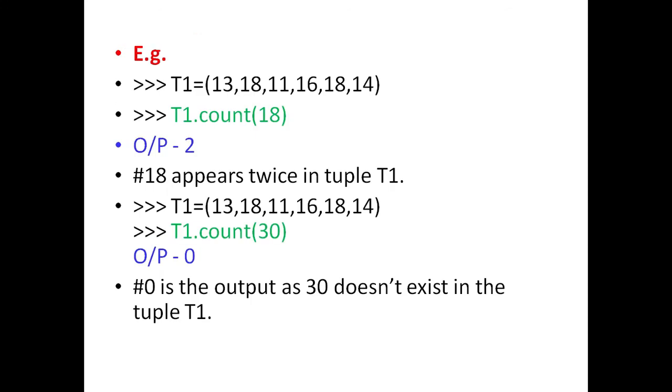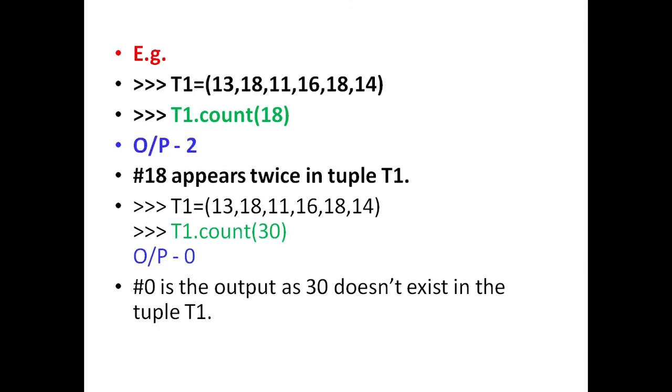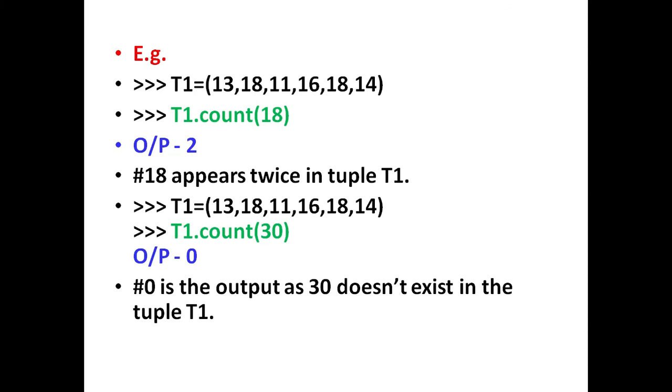For example, if a tuple is defined with elements 13, 18, 11, 16, 18, 14, and if we give t1.count(18), it will give output 2, since 18 appears twice in the tuple t1. And if we use t1.count(30), it will give output 0, since 30 doesn't exist in the tuple t1.